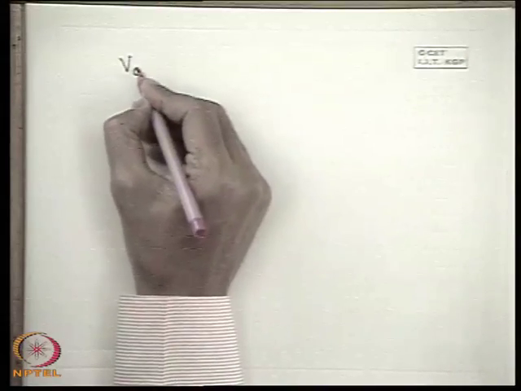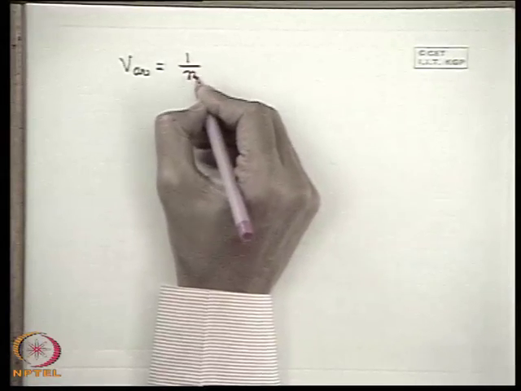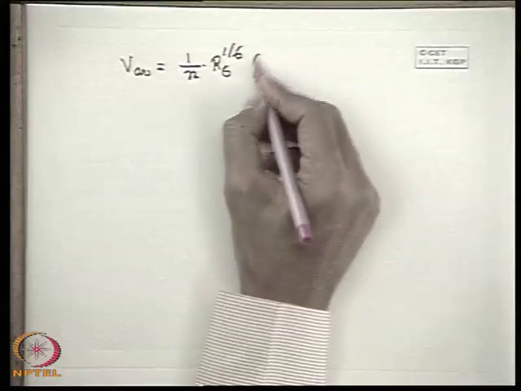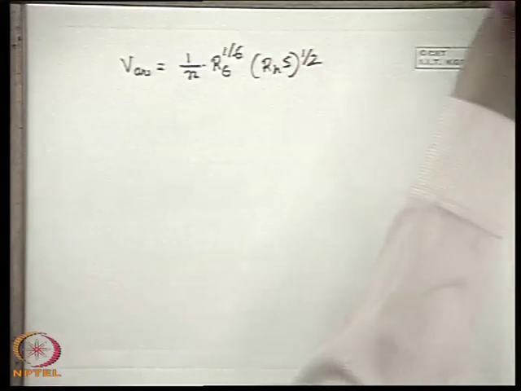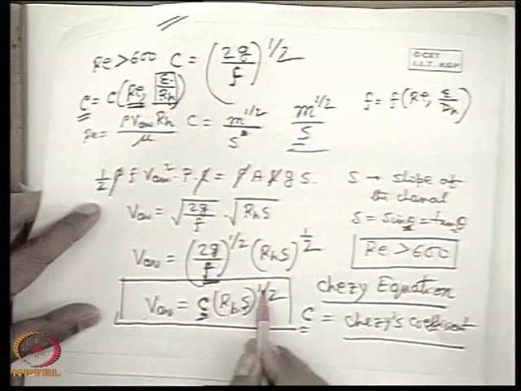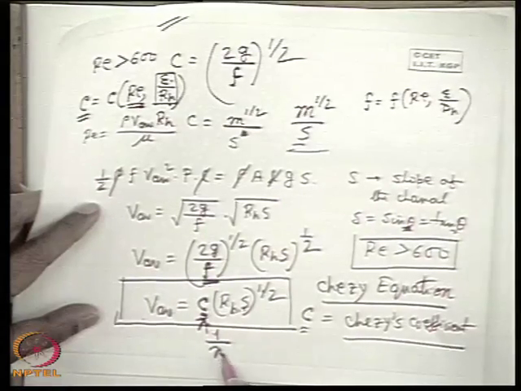Earlier we deduced V average is equal to C RH S whole to the power half, and in place of C we are writing 1 by n RH to the power 1/6 from the Manning's formula.